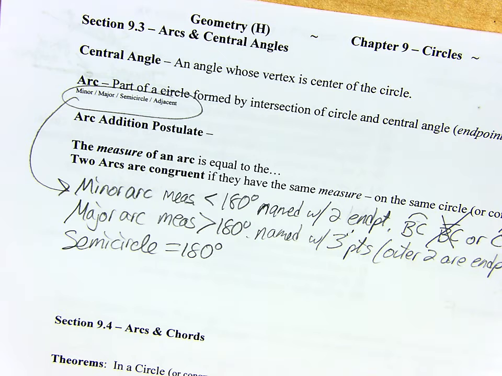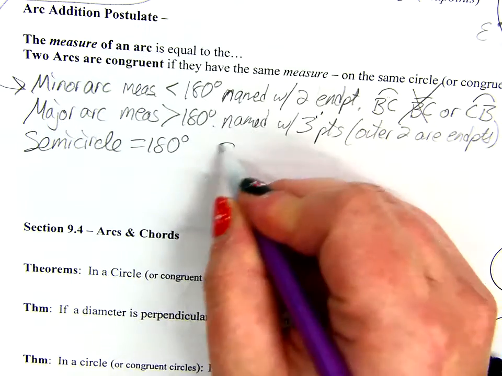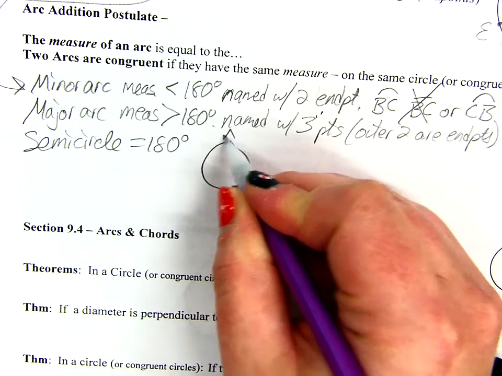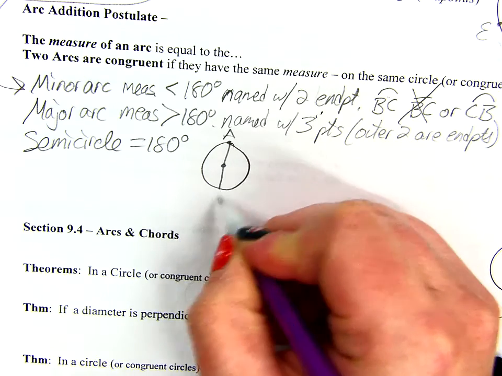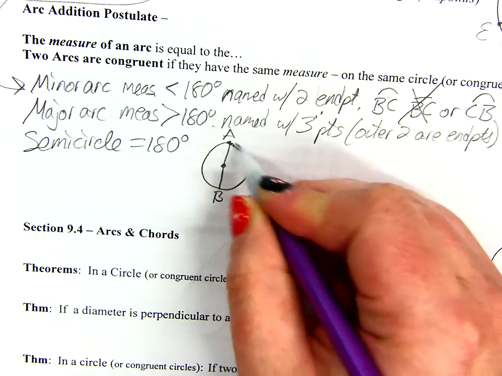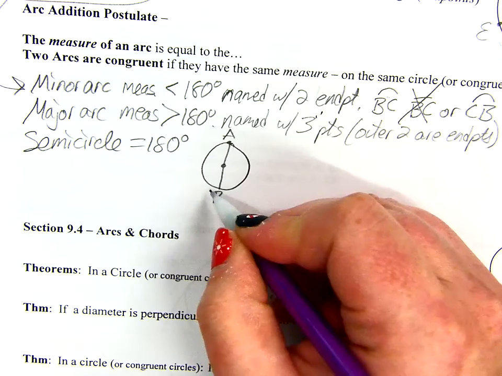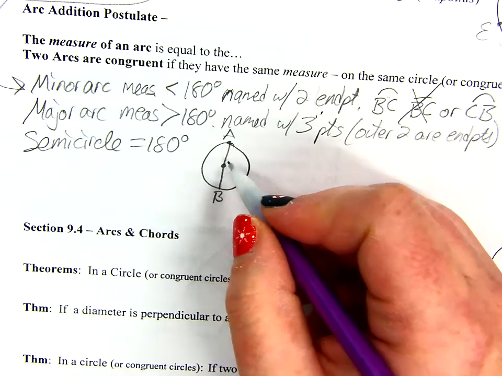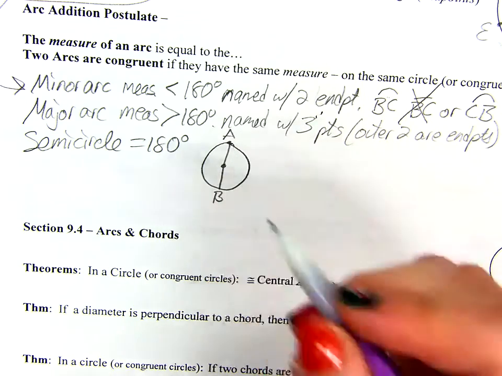How do you suppose we name those? Do you think you use 2 letters or 3 letters? You still need 3, and this is why, because if I had a diameter here, and I wanted to be this side and not this side, you still use 3 just to designate which side you're going on, okay?